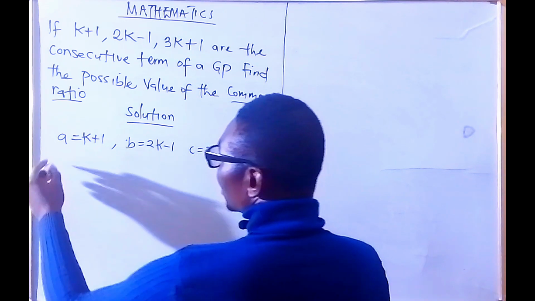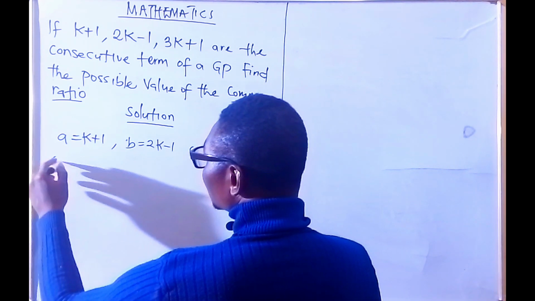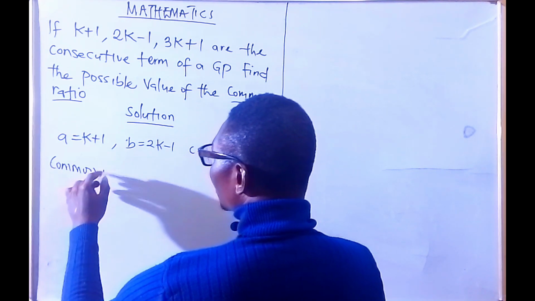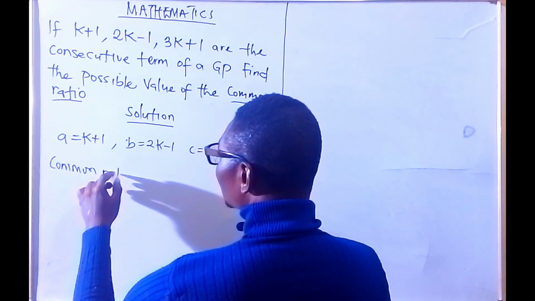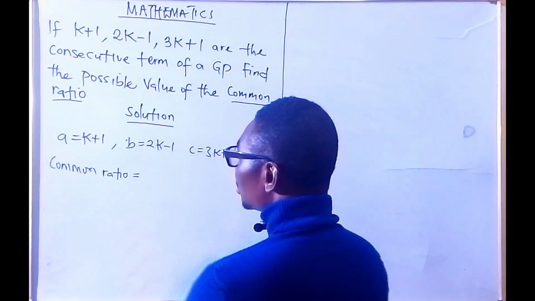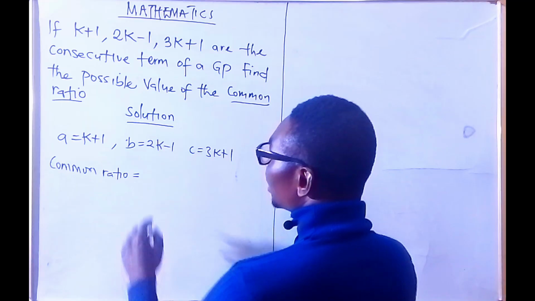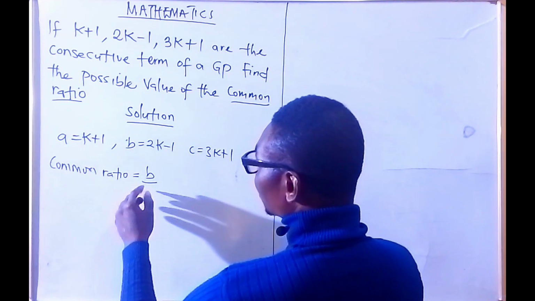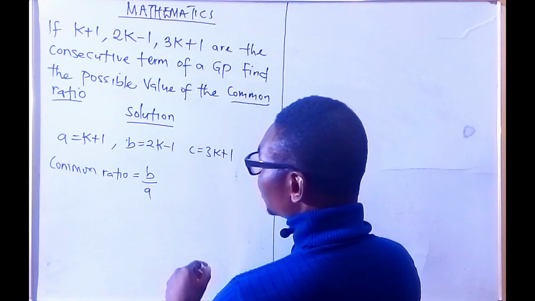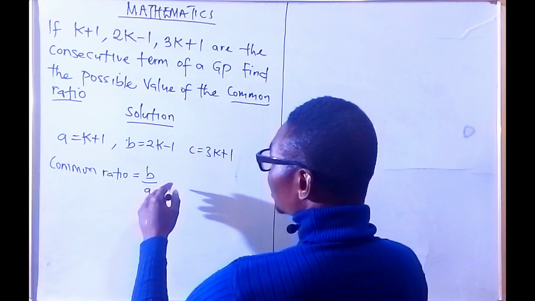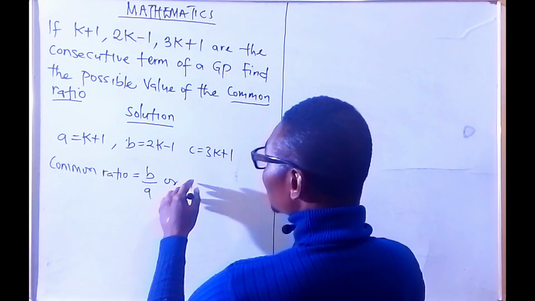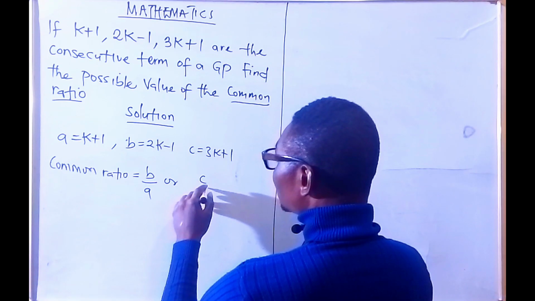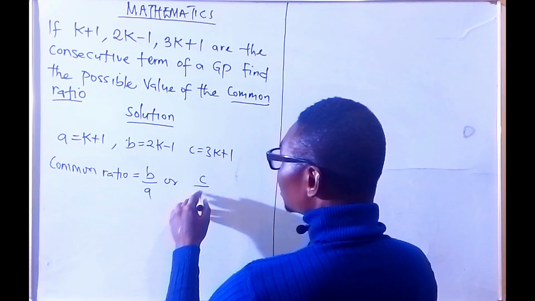So our common ratio will be the second term divided by the what? By the first term, or the third term divided by the what?